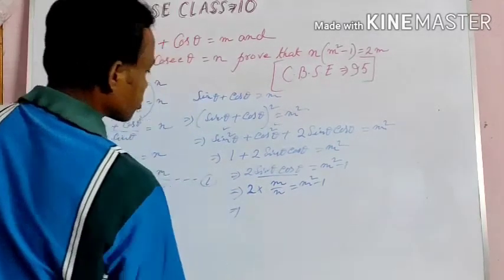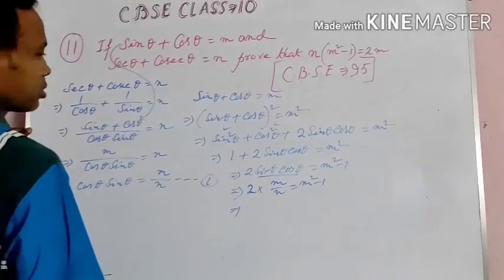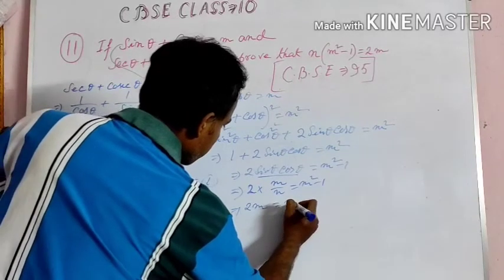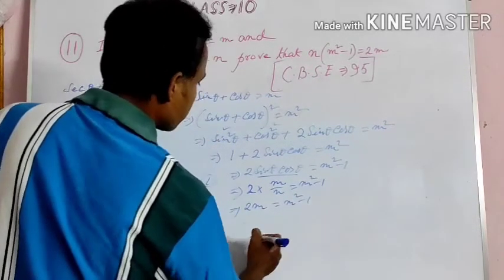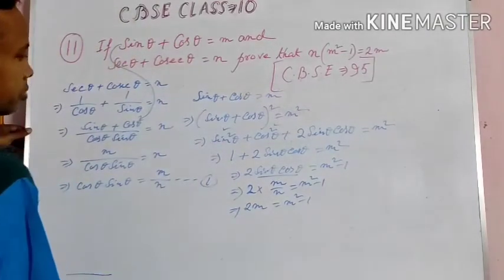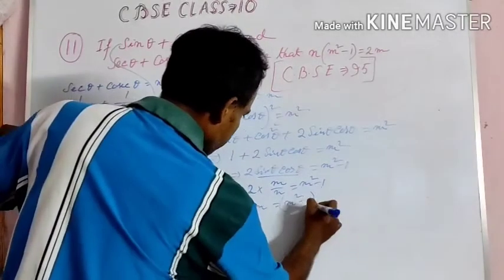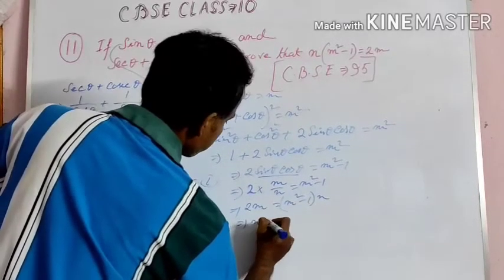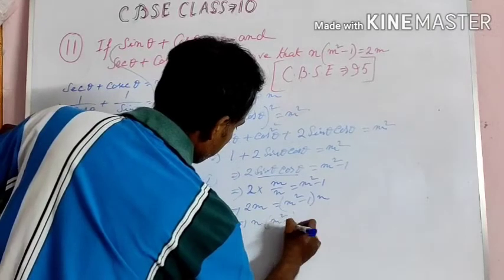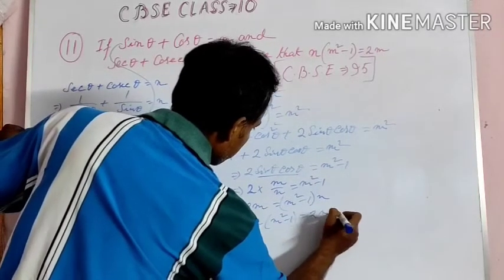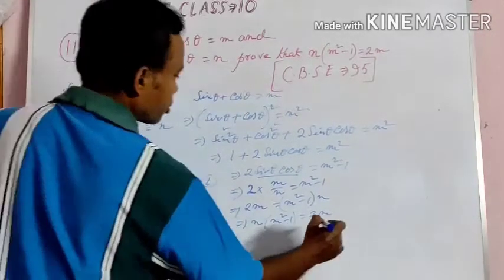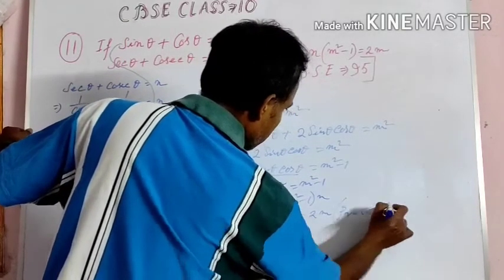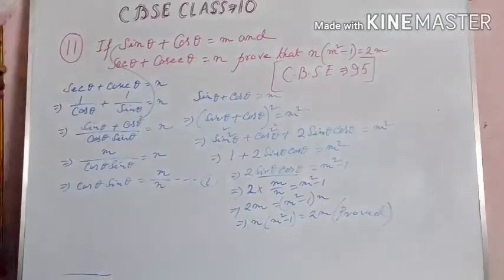Or 2m is equal to (m square minus 1) into n, that is n into (m square minus 1) is equal to twice m. Proved. Very important sum for your exam.